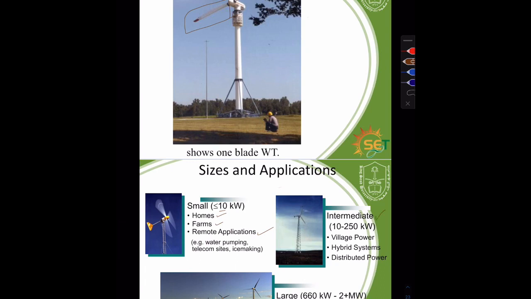Intermediate turbines are 10 to 250 kilowatts, for village power, hybrid systems and distributed power. And here we have large turbines, from 660 kilowatts to 2 or more than 2 megawatts. They are used for central station wind farms, distributed power and community wind.